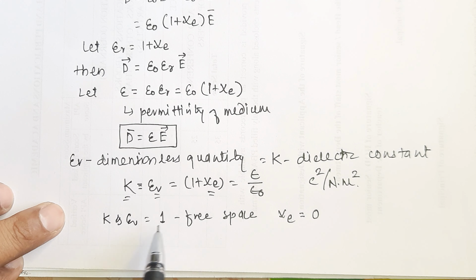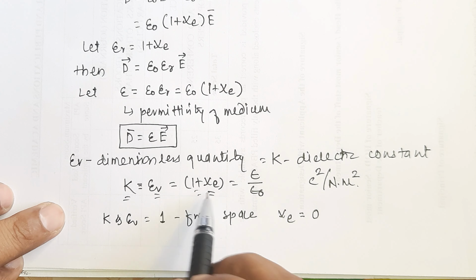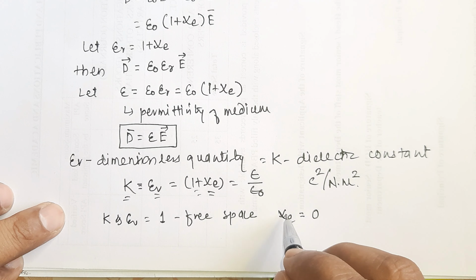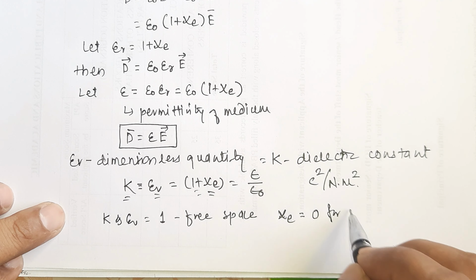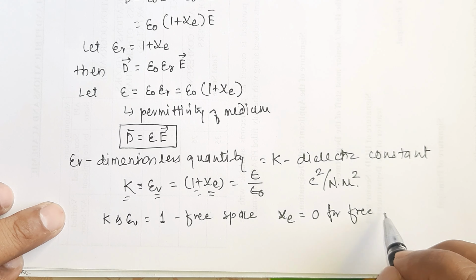If we put these values in this term, then chi e becomes equal to 0 for free space.